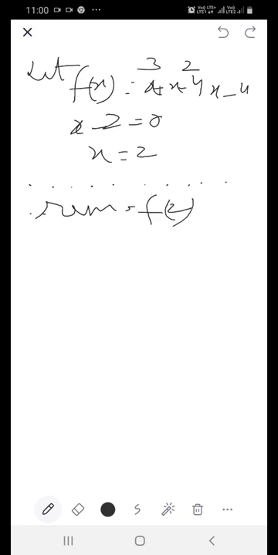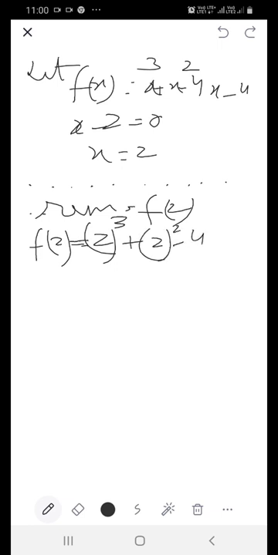Now your f(2) should come out to be 0. Find f(2), which I have already explained to you in the previous video also. Substitute the value of x in the given polynomial: 2 cube plus 2 square minus 4 into 2 minus 4.